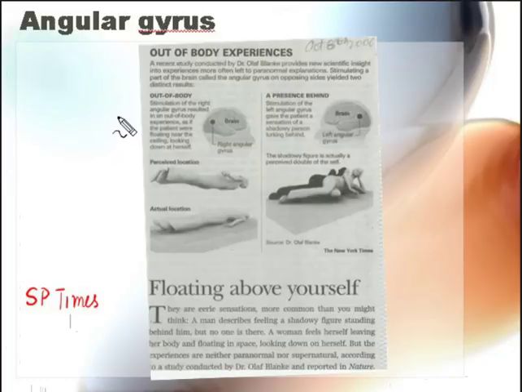When you stimulate the angular gyrus on the left side, it looks like somebody is lying right next to you. Here you're looking at yourself from the top. So this explains why when people have parietal lobe malfunction, sometimes they ignore one side of their body totally, and the problem could be in this angular gyrus. So this was an interesting article. I won't go over the whole thing, but you can read it and see what's written in it.